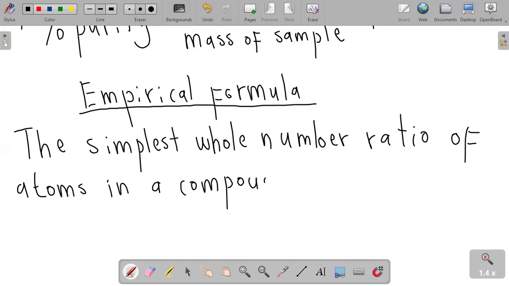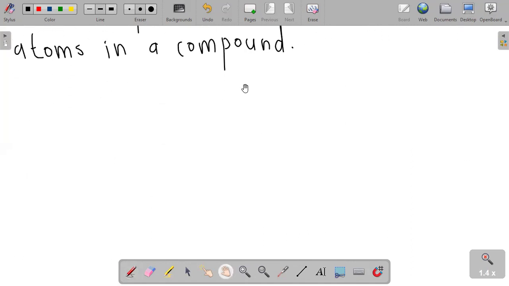So this is the definition for empirical formula.